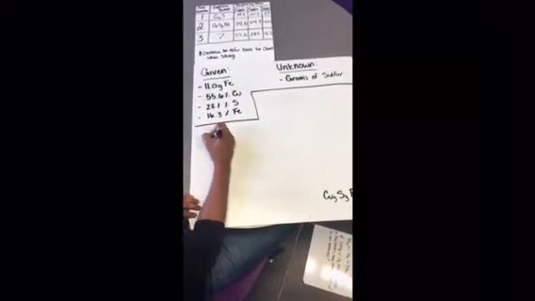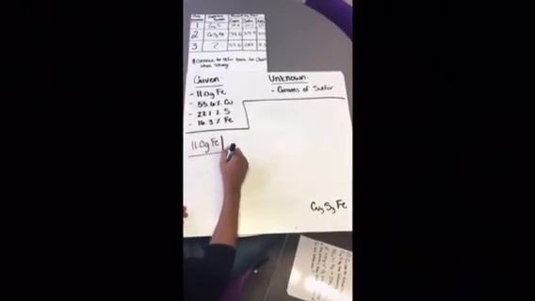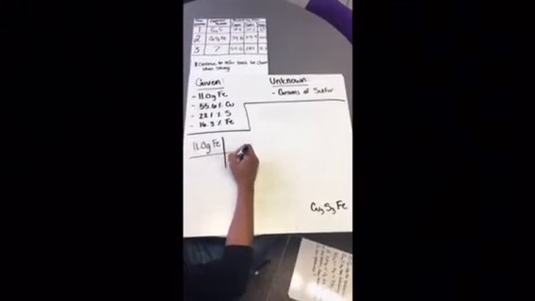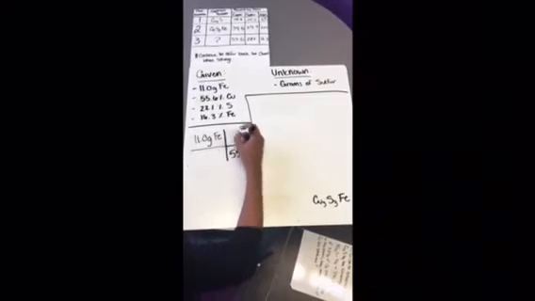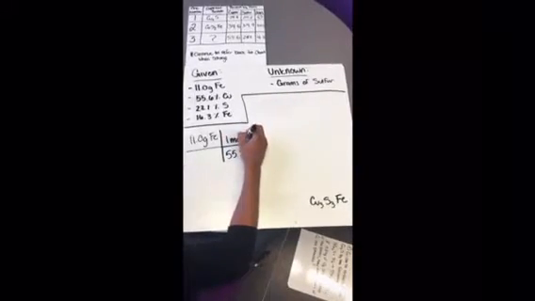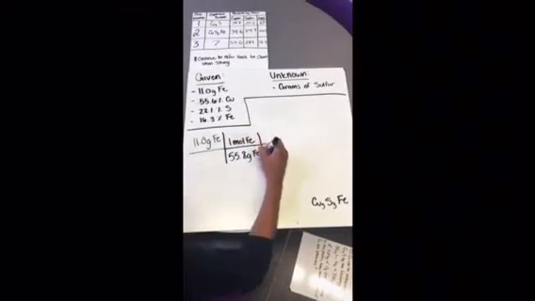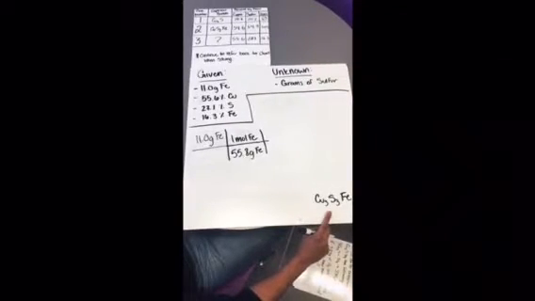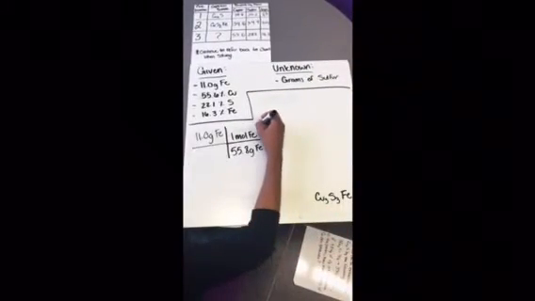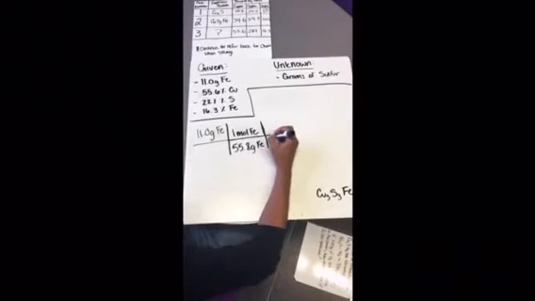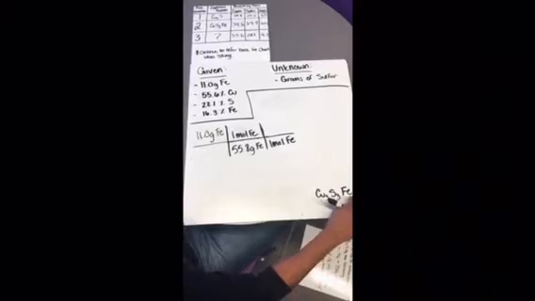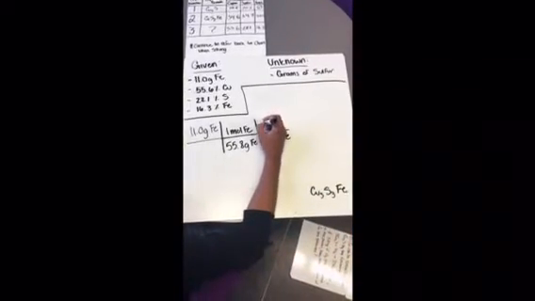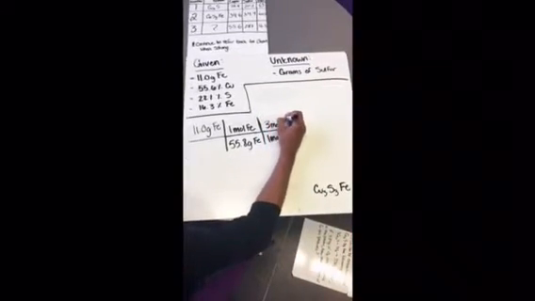So, 11.0 grams of iron was given to us in our problem. And then 55.8 grams of iron equals 1 mole of iron. And then we're going to continually refer back to our empirical formula down here. So 1 mole of iron, because we only have 1 mole of iron down here, equals 3 moles of sulfur.